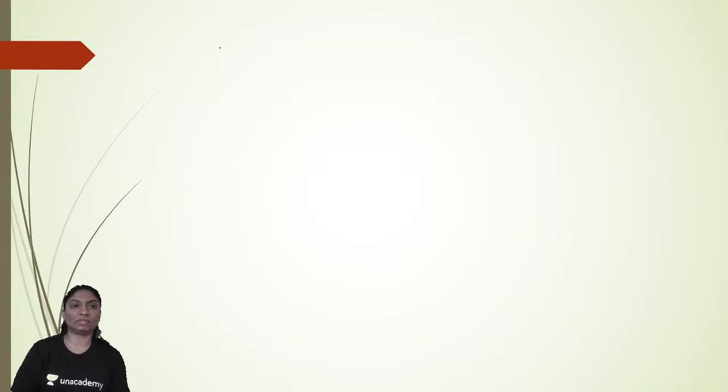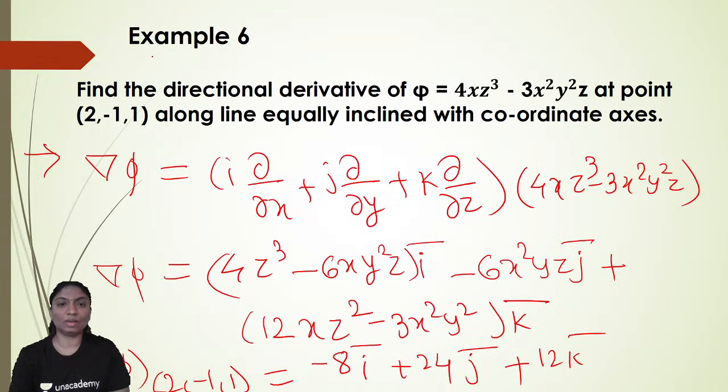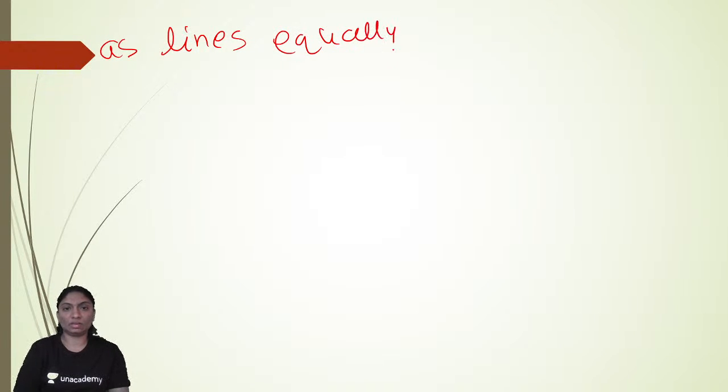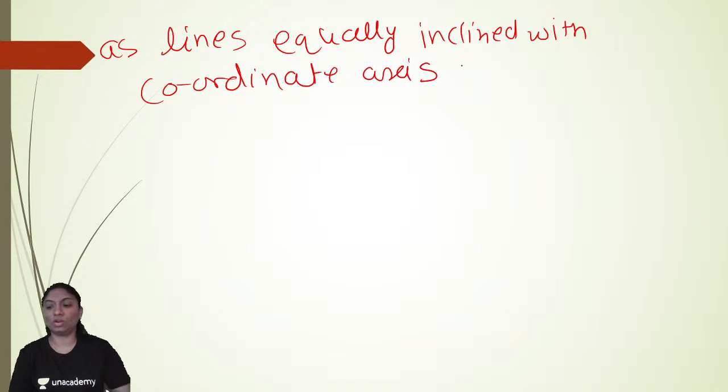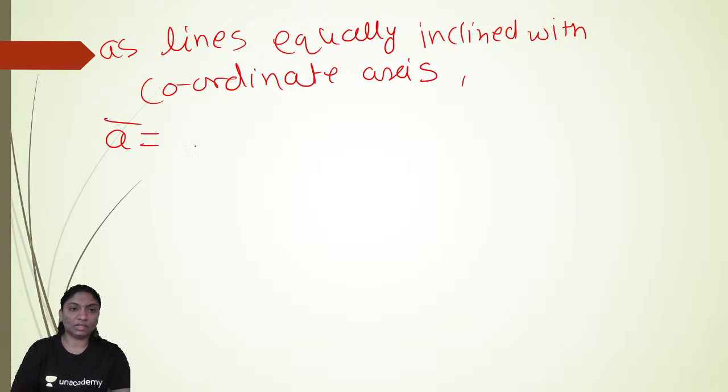As the line is equally inclined with the coordinate axis, vector a bar is equal to i bar plus j bar plus k bar.